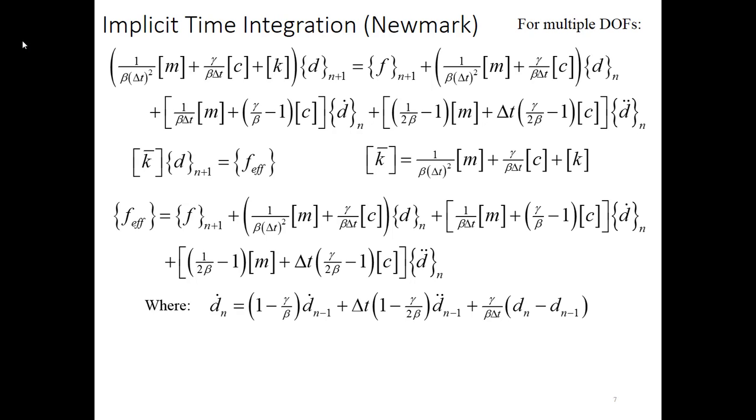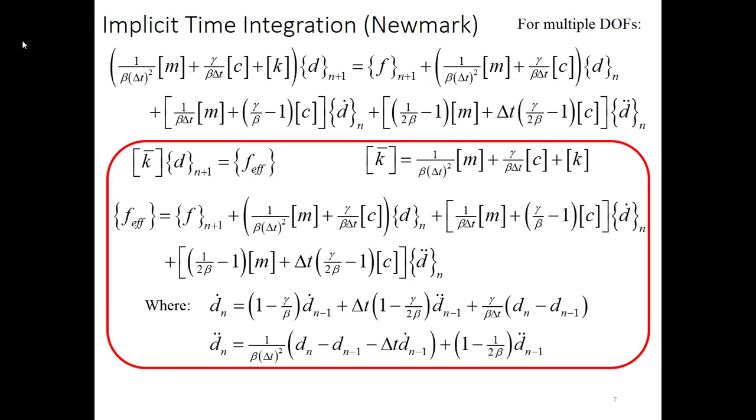Now, in order to use this, because on the right-hand side I need the speed and the acceleration, I still need to find those in terms of my degrees of freedom and information from the prior time step. So I need an expression for speed and an expression for acceleration in the current time step based on the current and prior information.